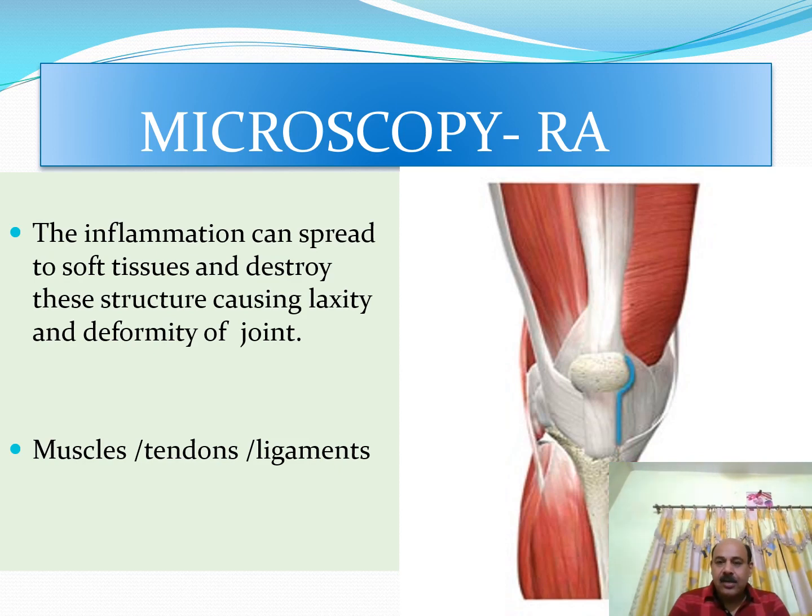And at the other end, because these structures, the ligaments and tendons, also contain connective tissue, and as we know, connective tissue, irrespective of the site wherever it is present in the body, whether it is the joint or the eye or elsewhere, is attacked by the antibodies. So being connective tissue structures, they are also attacked in rheumatoid arthritis.